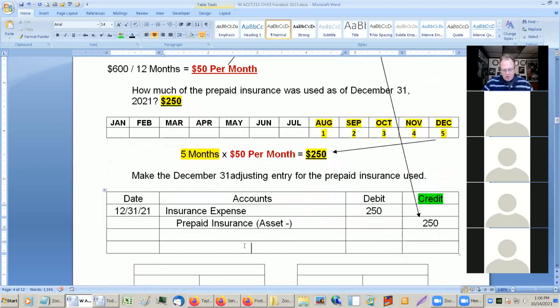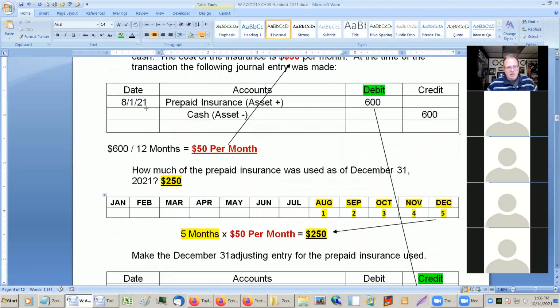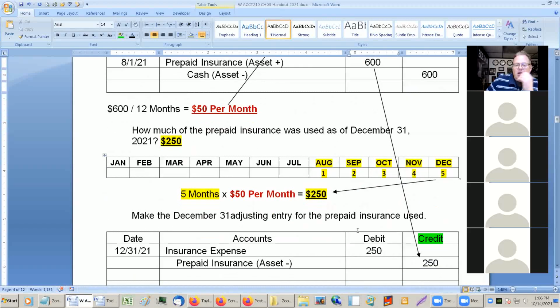And again, there's no cash in these adjusting entries. We already paid the cash in October. So we're not gonna, no, we didn't. We paid it in August. I'm sorry, I was lying there. Bad habit. So we paid it in August and so we're not gonna pay it again. So it's already been paid. But we're just adjusting these accounts.